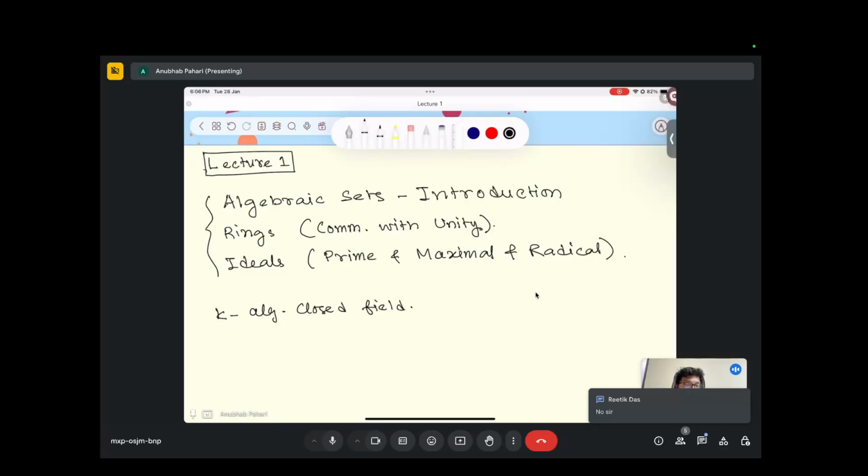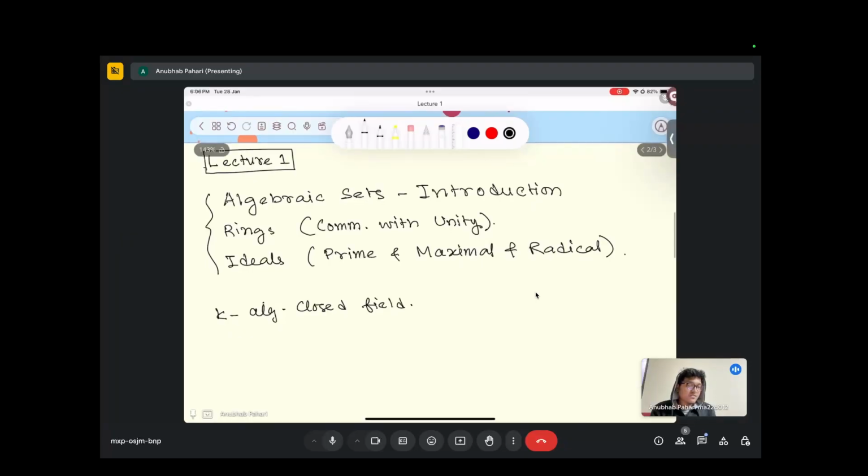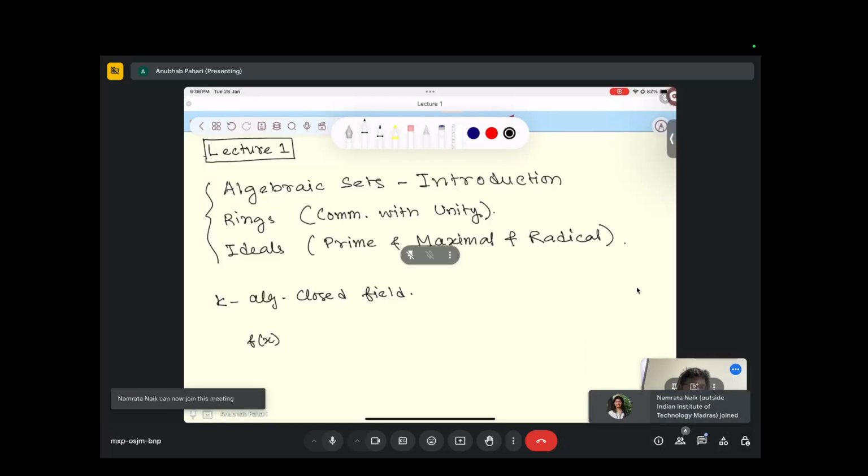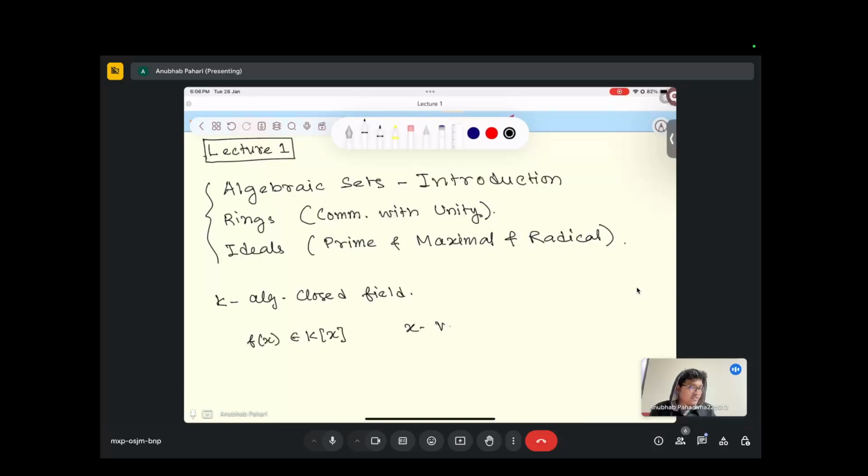If you take any polynomial f from K[x], x is a variable, then there exists a small a in K such that f(a) equals 0.